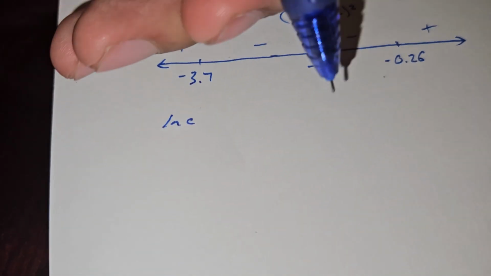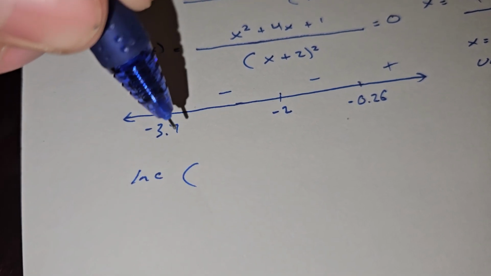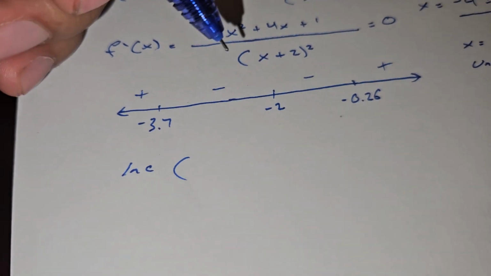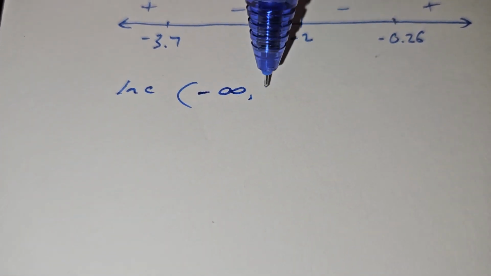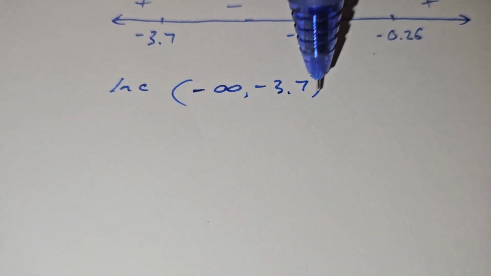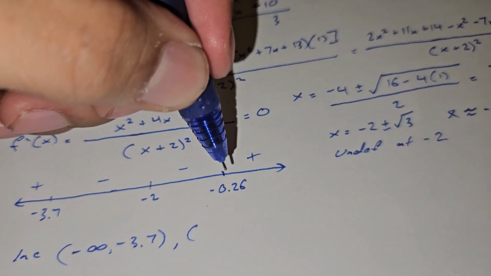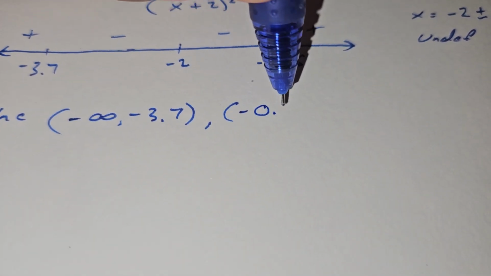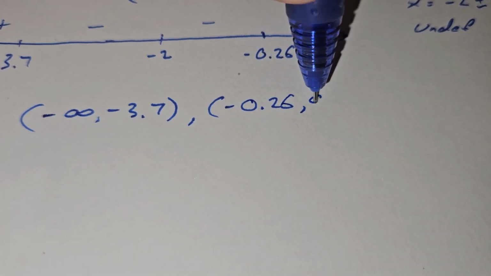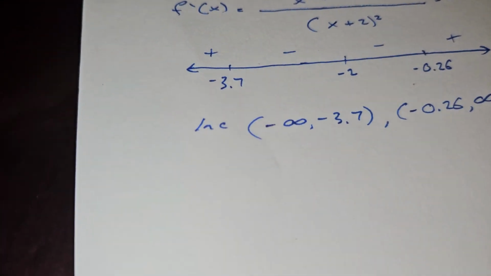So it's increasing from negative infinity all the way to negative 3.7. Where else is it increasing? Negative 0.26 all the way to positive infinity. That's where it's increasing. Now let's find out where it's decreasing.